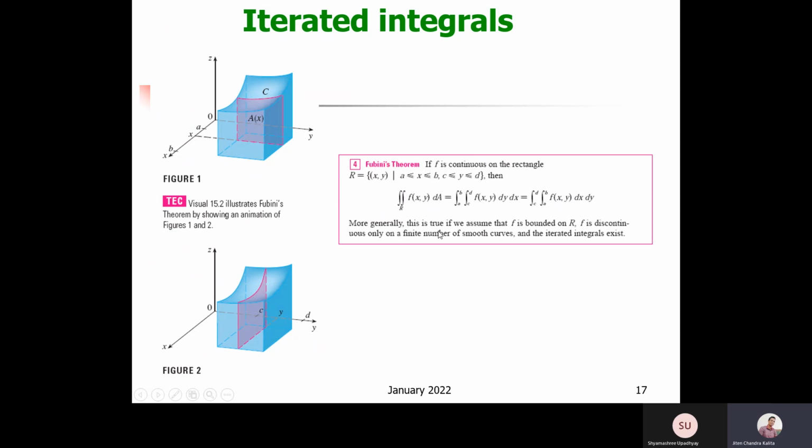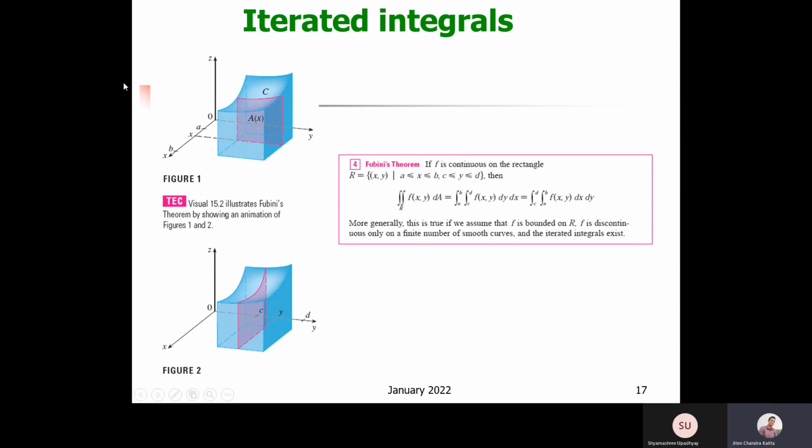And more generally, this is true if we assume that f is bounded on R. And this is interesting: even if f has a finite number of discontinuities over some smooth curves belonging to the domain of the function, and if these iterated integrals exist, then both of them are equal.